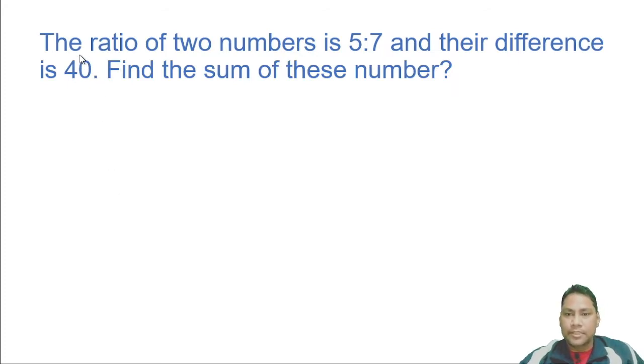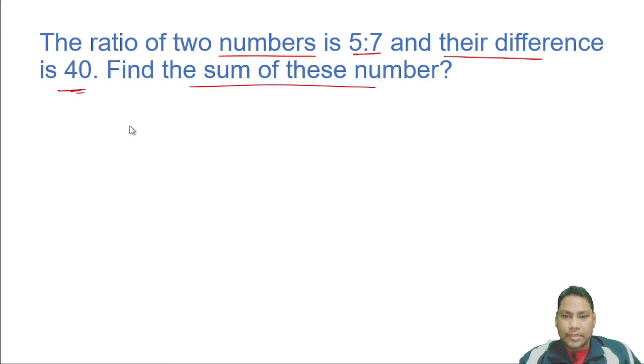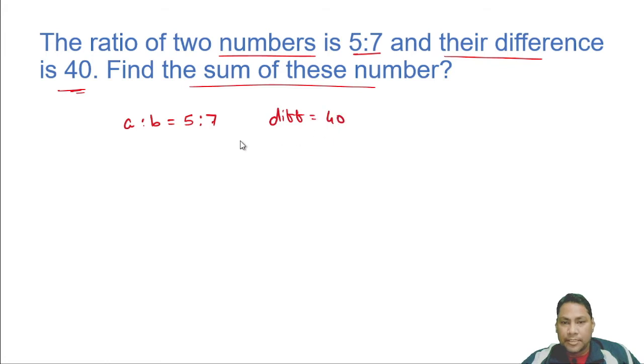In the question they have asked: the ratio of two numbers is 5:7 and their difference is 40. Find the sum of these numbers. So friends, if we take the numbers as A:B, that is given 5:7, and the difference between the two numbers is given as 40. The actual difference between 5 and 7 is 2.